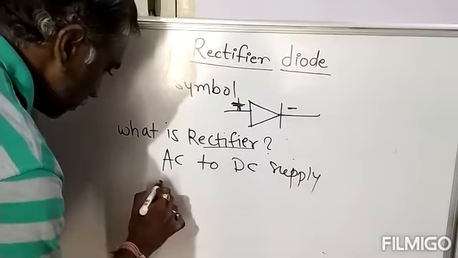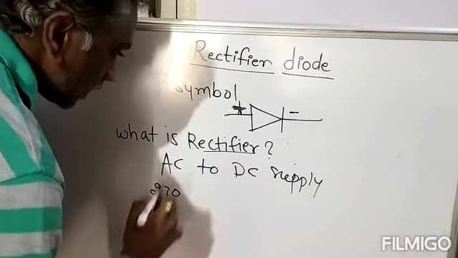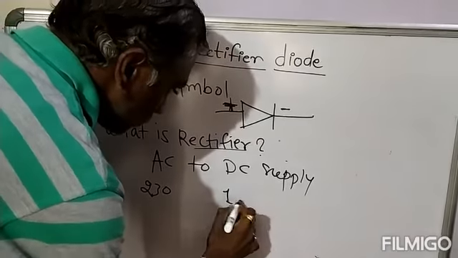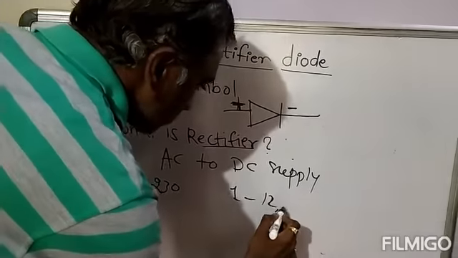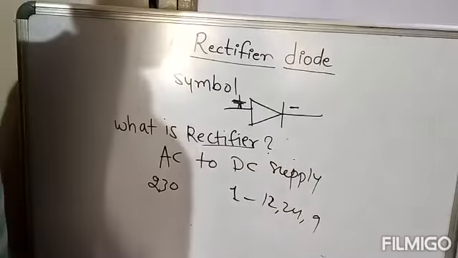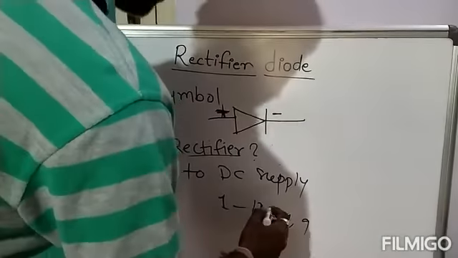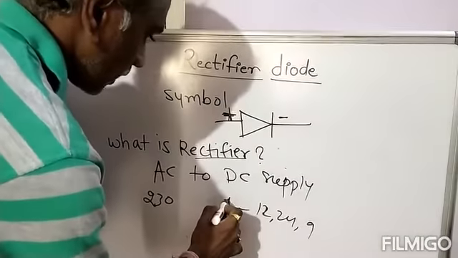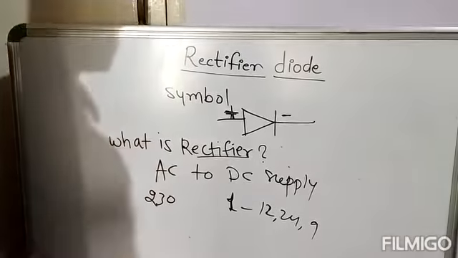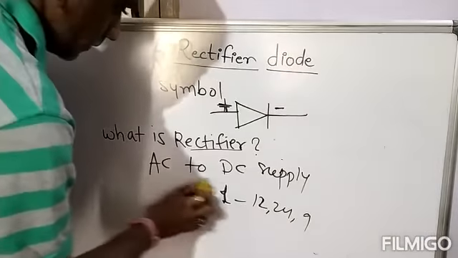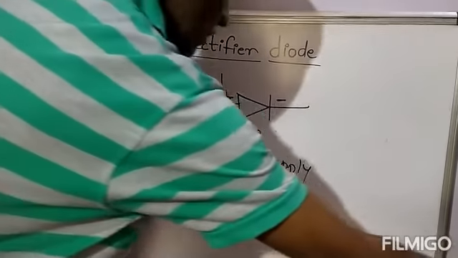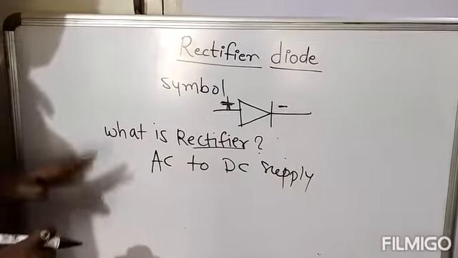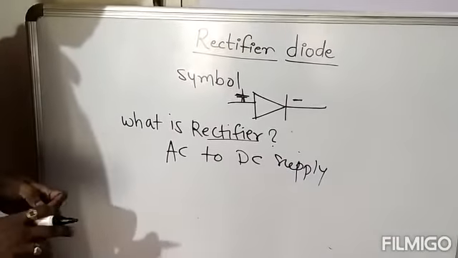AC is generally 230 volt and DC can be any 1 to 12, 24 volts, 9 volts, whatever it may be. Depending upon the requirement, we can have the DC supply.